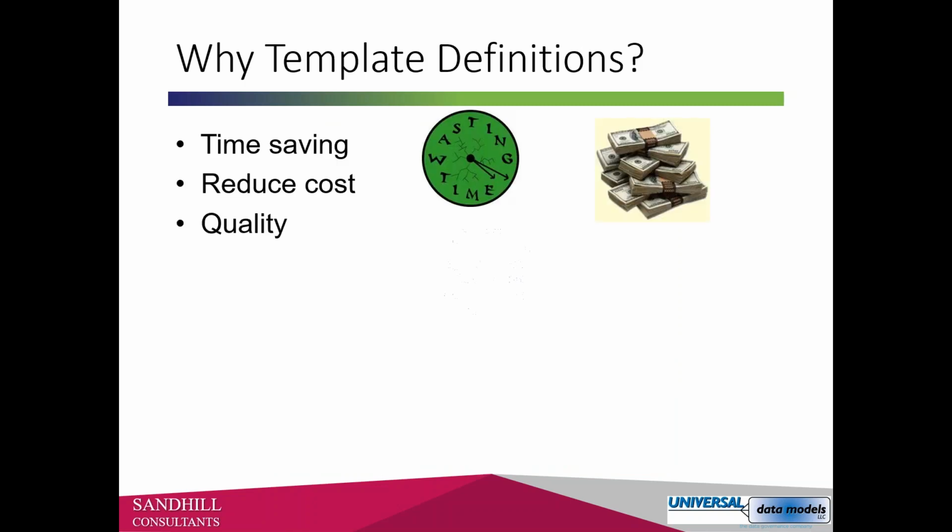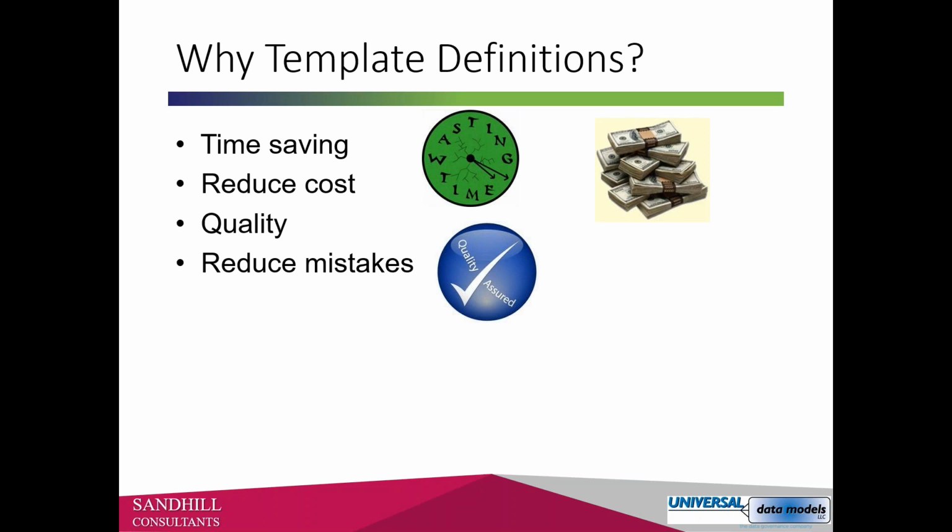Let's save time, let's reduce cost, let's increase quality, let's reduce mistakes, let's get insights. One of our clients in financial services saw things in the Universal Business Glossary that they said they never would have thought of, this idea of saying, wow, all these things that we call employees and workers and financial investors, they're actually roles that people and organizations play.